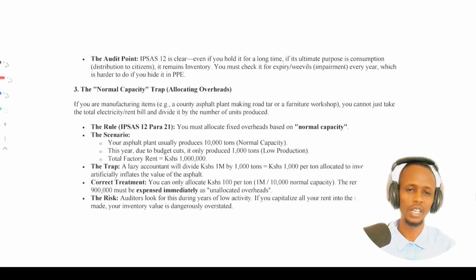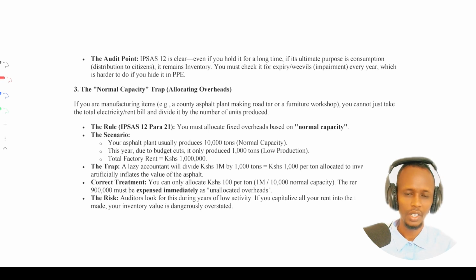What do we call the normal capacity when allocating overhead costs? Number 3, those are the other gray areas. Normal capacity is where you normally produce 10,000 units of goods for a certain overhead cost. And then when you are allocating to each inventory, you take the whole amount divided by the normal capacity.